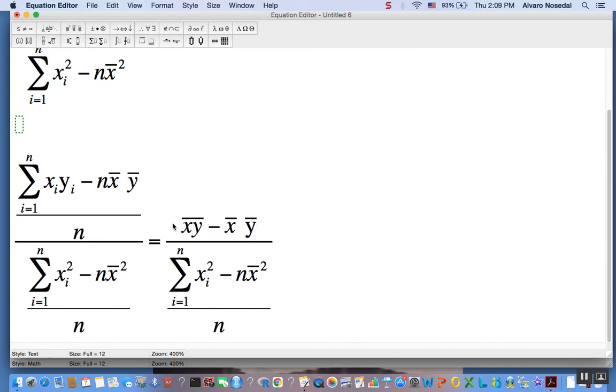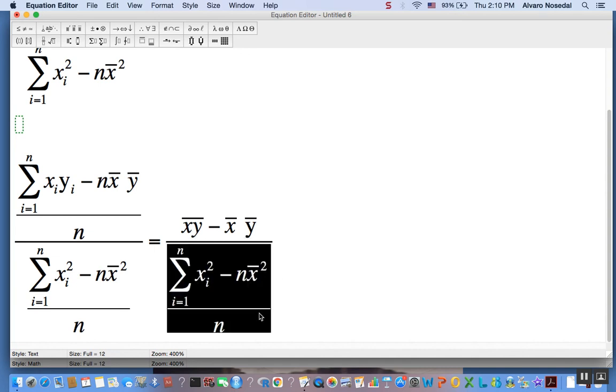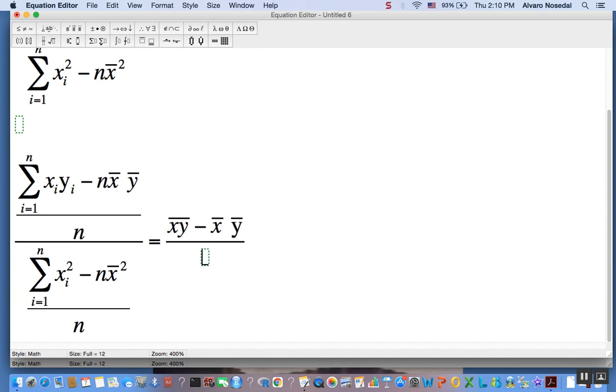Can you see that? That's why I wanted to make that distinction. The authors refer to summation of xi, yi divided by n as x, y bar, and that's different from x bar times y bar. That's why I wanted to make that distinction of the notation that the authors in your textbook are using.